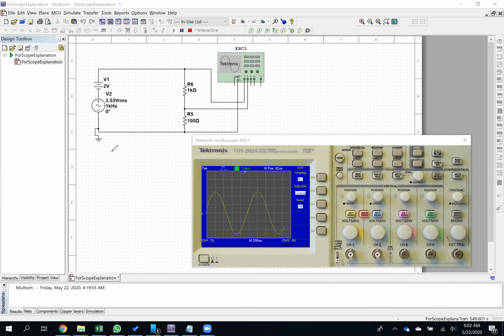The other thing that I want to show you is the trigger level. There's the trigger menu and the level here. If I press trigger menu, I can see that it's edge triggered, the source is channel 1.